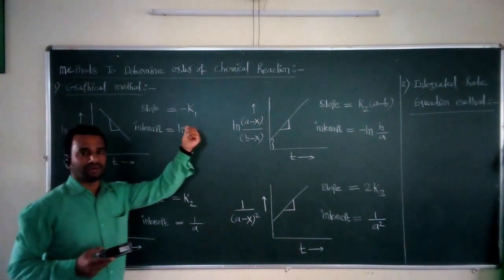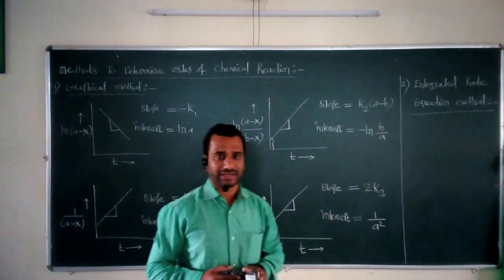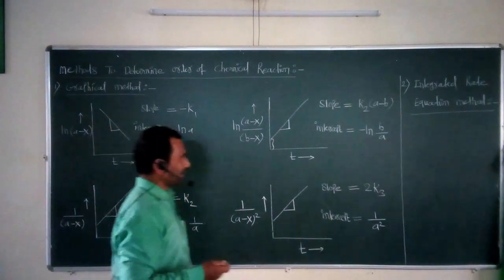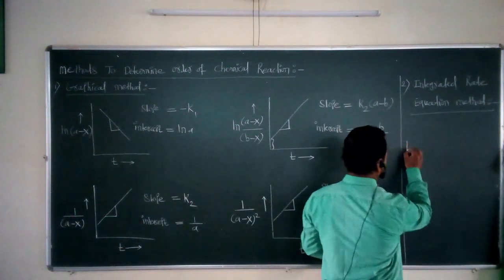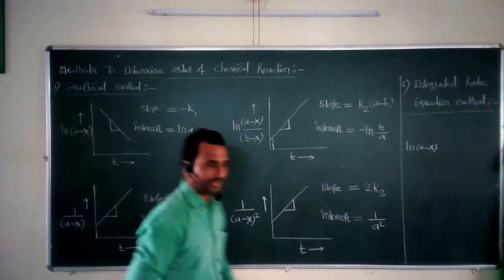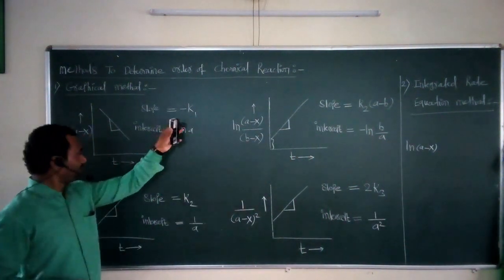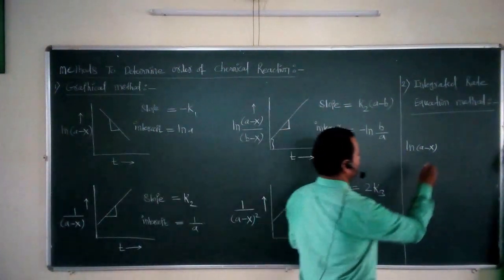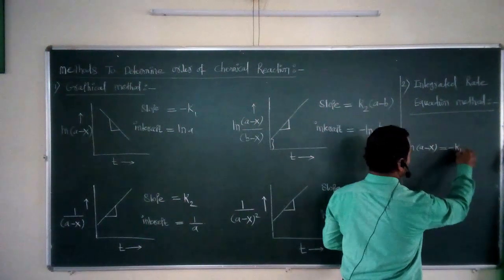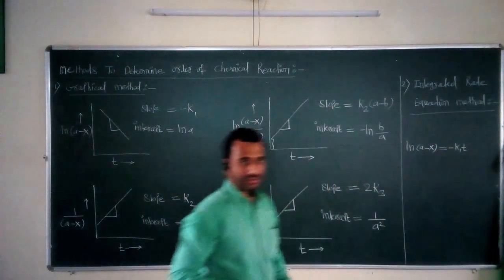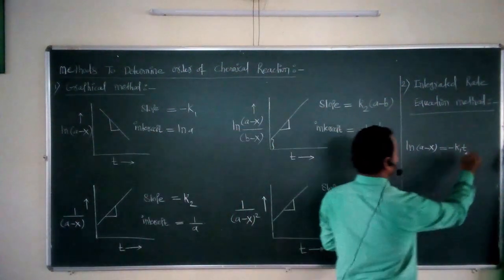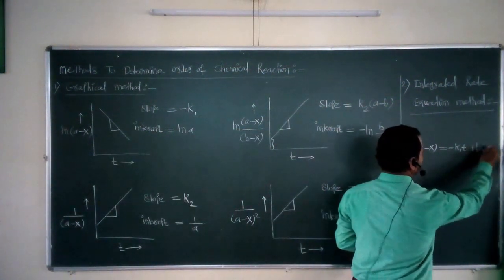If we want to write the straight line equation for this first order reaction, it becomes ln(a minus x) equals minus k1 into t, plus ln a.